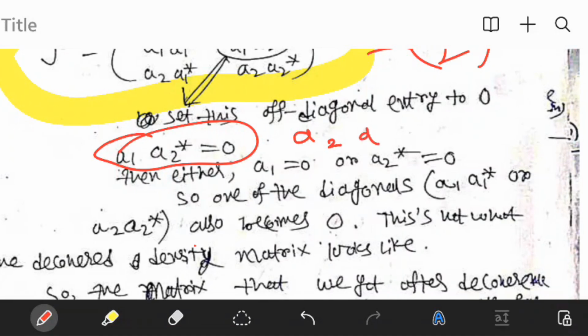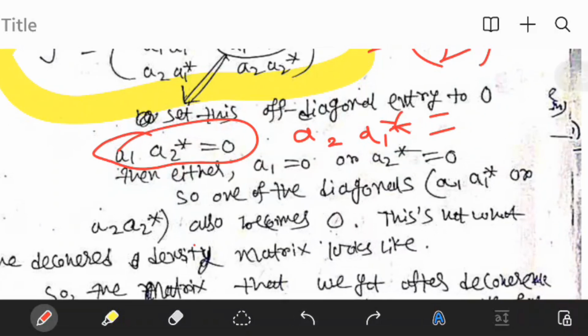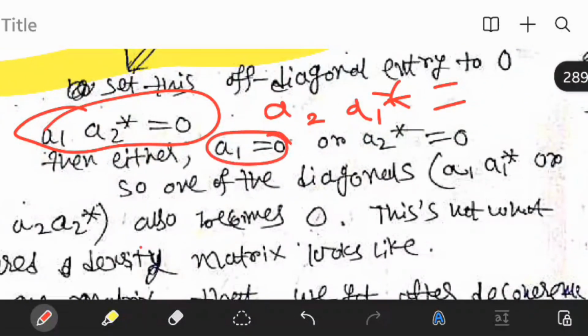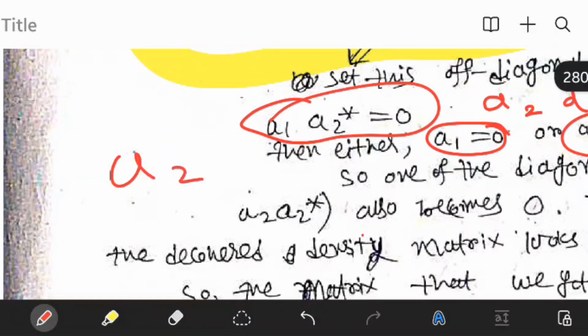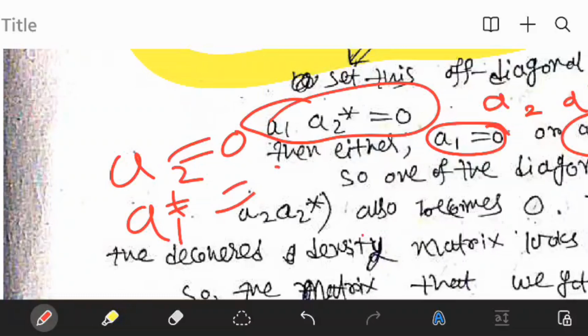That is, A2 A1 star is 0. What is the problem with that? You will have either A1 equal to 0, or A2 star equals 0, or vice versa, that is A2 equals 0 and A1 star equals 0.